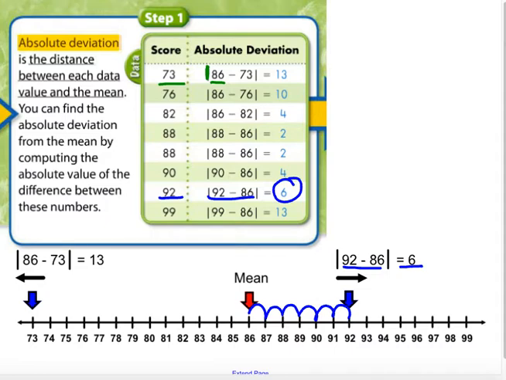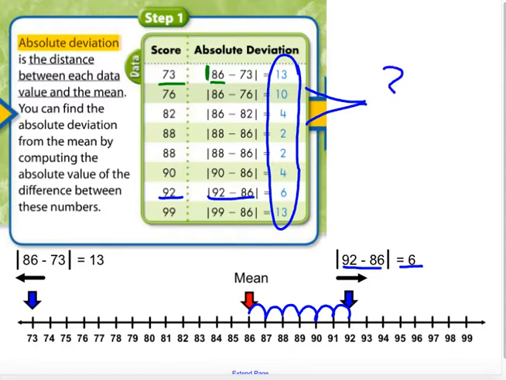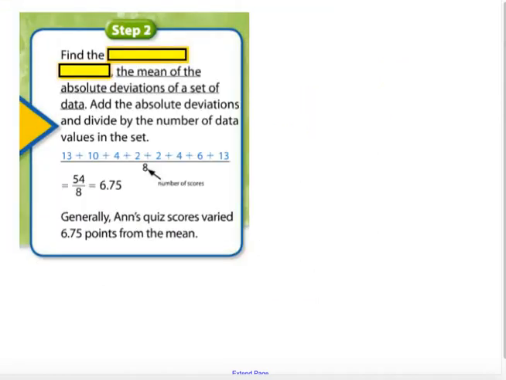Now, once we've figured out all of these absolute deviations, we can use those to figure out how much her scores vary from the mean. So now we would go to step 2, and we will find the mean absolute deviation.